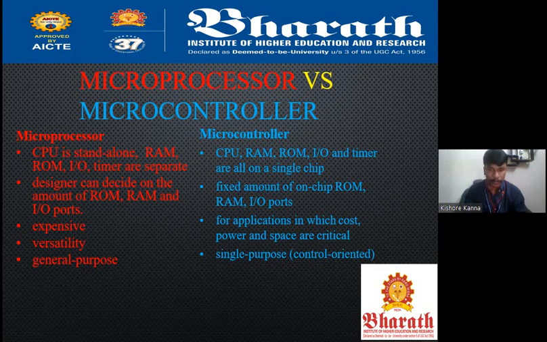When we come to the microcontroller, it is for applications where cost, power and space are critical, and it has some limitations in its structure. Why? Because it has been compiled as a chip, so it faces this kind of complexity, and it is used only for a single purpose, controlling the microprocessor.